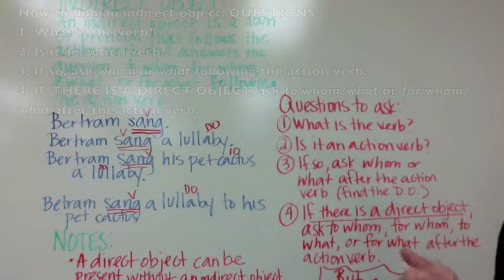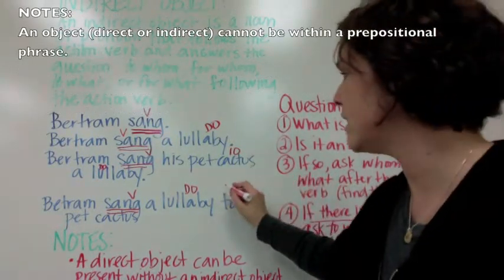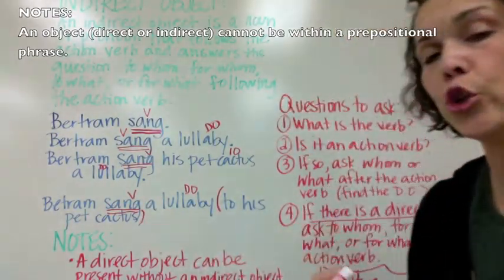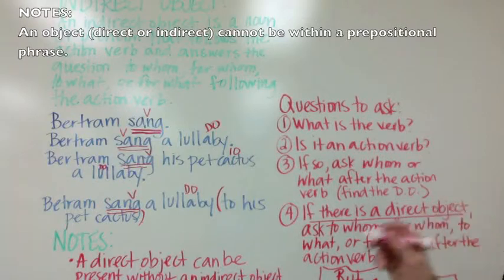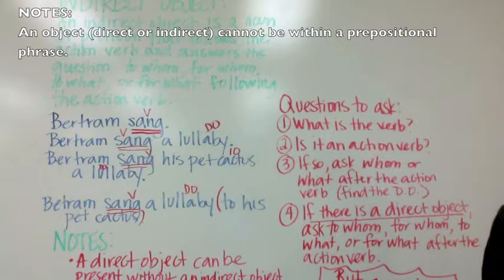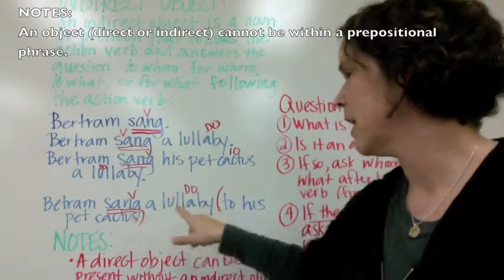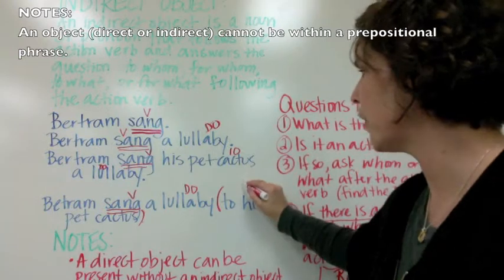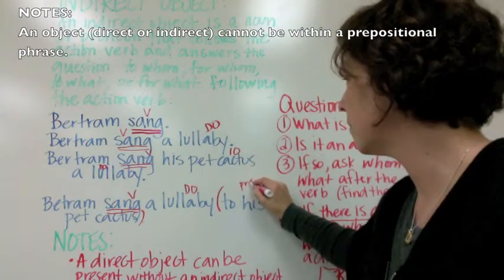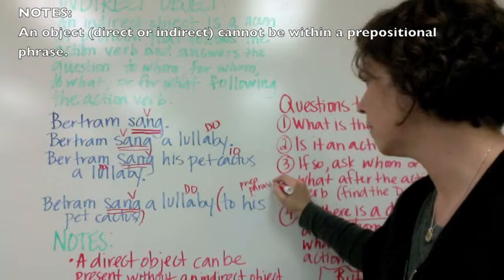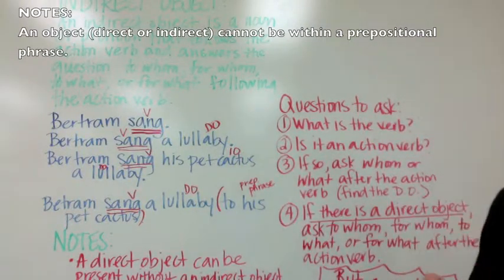Now look, that information is actually stated in this sentence, even with the word to. To is a preposition as it is used here. And so in this case, it says to his pet cactus. This is a prepositional phrase. Okay, so what does that mean?